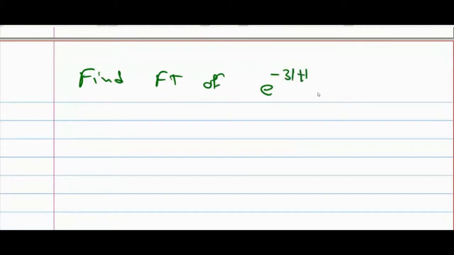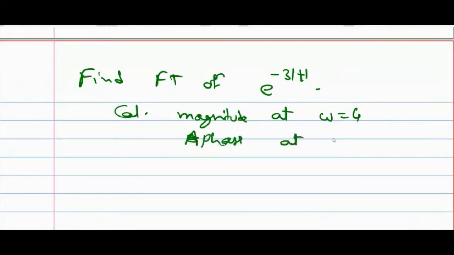Next question: find the Fourier transform of e raised to minus 3 mod of t. Calculate the magnitude at omega equal to 4, and the phase at omega equal to 4.